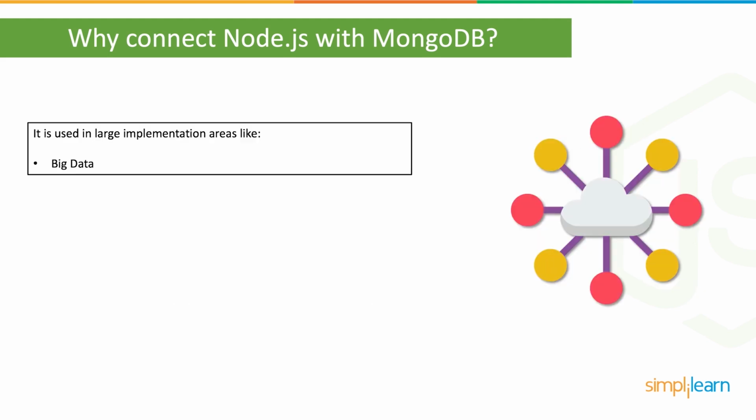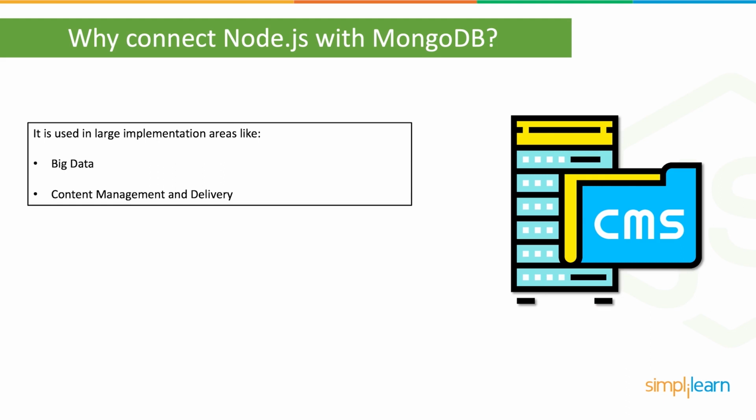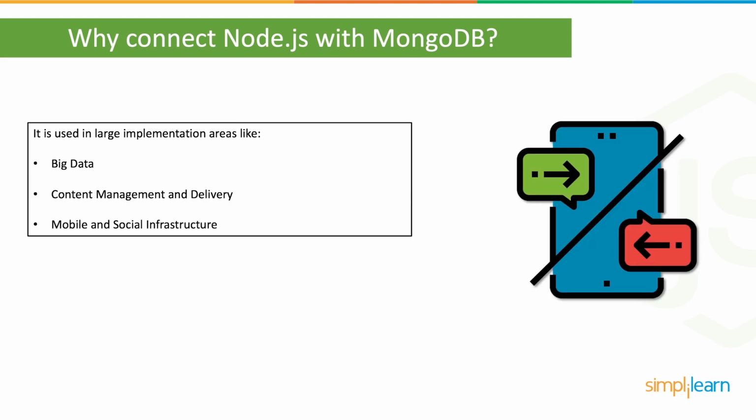So, why do you want to keep connecting to MongoDB? One of the other areas that is often forgotten with Mongo is the concept around big data. When you talk about big data, you're talking about absolutely massive databases, and MongoDB is front and center for all of that. You can do effective content management and delivery.